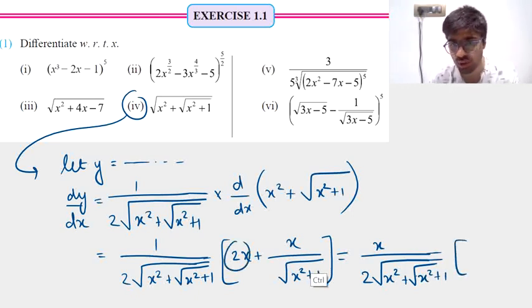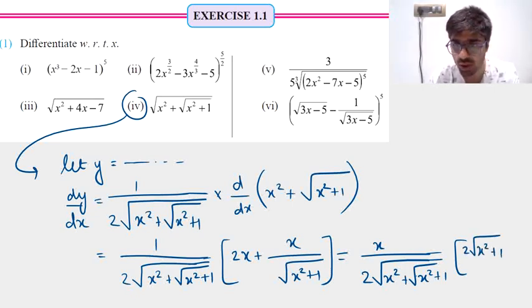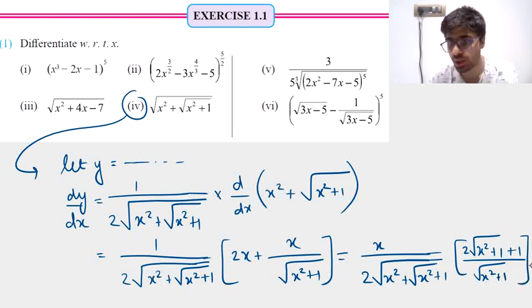There was a 2 left over here, and yeah, combine the two terms, so that will be 2 times root over x square plus 1 divided by root over x square plus 1. Yeah, so that's going to be the final expression for dy by dx for that fourth question.